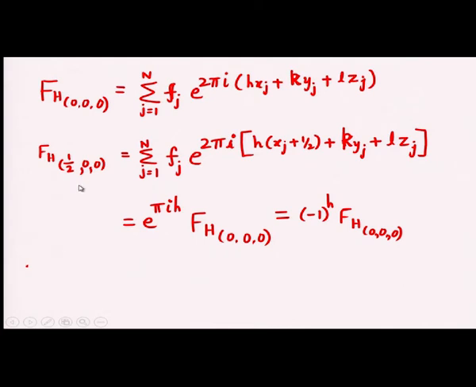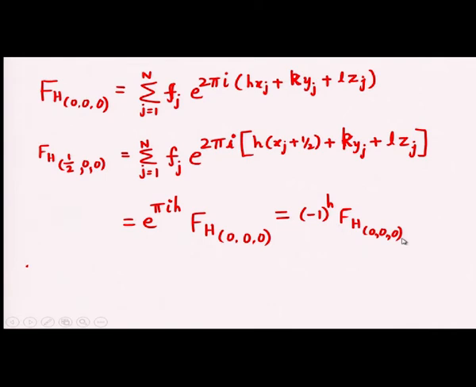If you are clear about this derivation, I can now go to the shift from (0, 0, 0) to (0, 1/2, 0). The shift is along the y direction. So here x_j will be there as it is, but instead of y_j we have y_j plus half, and the multiplying factor is k. So, now we get F(h, 0, 1/2, 0) as (-1)^k times F(h, 0, 0, 0). Then F for the shift (0, 0, 1/2) will be (-1)^l times F(0, 0, 0).